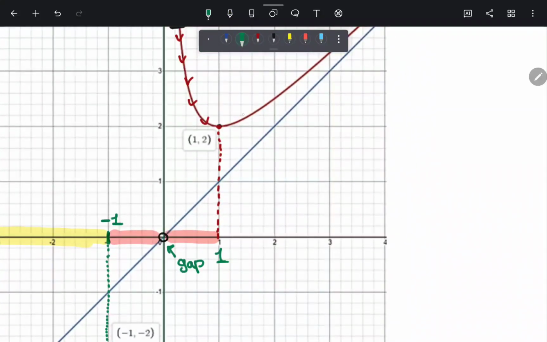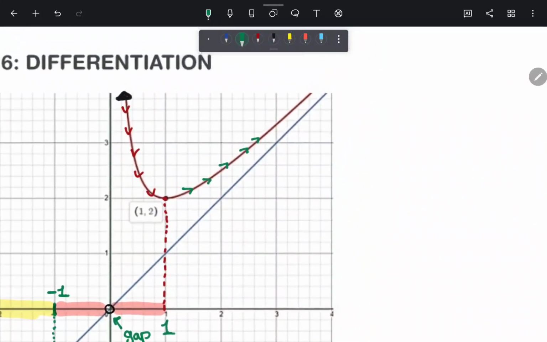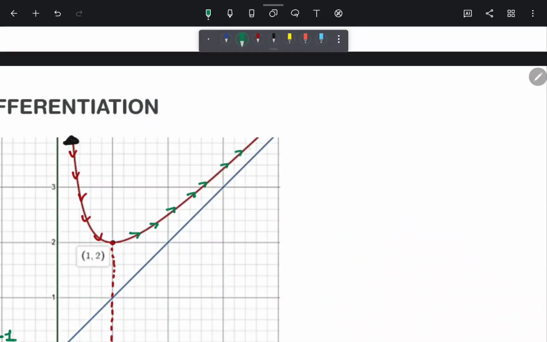Then what is going on with the function? It is now increasing until we reach an infinite branch. So now we have 2 infinite branches. These two are infinite branches. Now let's see.